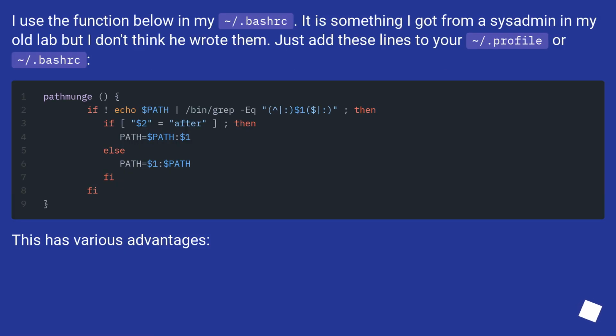I use the function below in my ~/.bashrc. It is something I got from a sysadmin in my old lab, but I don't think he wrote them. Just add these lines to your ~/.profile or ~/.bashrc. This has various advantages.